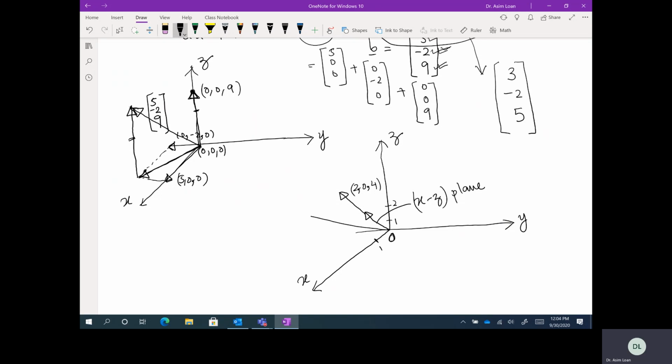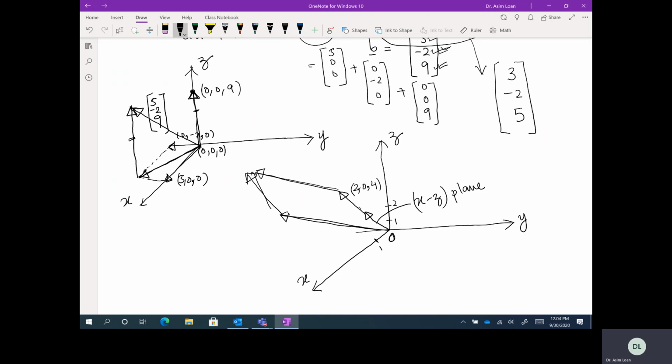And then I add this one over here. This one is parallel to this one, and this one is parallel here.